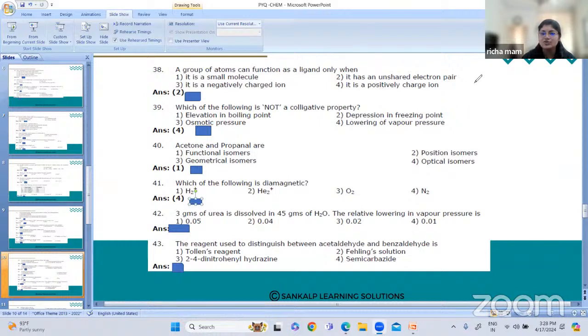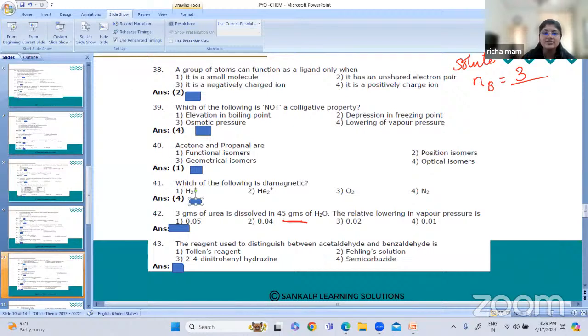Let us see. We have to calculate the number of moles of solute as well as the number of moles of the solvent. First we'll find the number of moles of solute, NB, which is given mass upon molecular weight, so 3 grams of urea in 60.